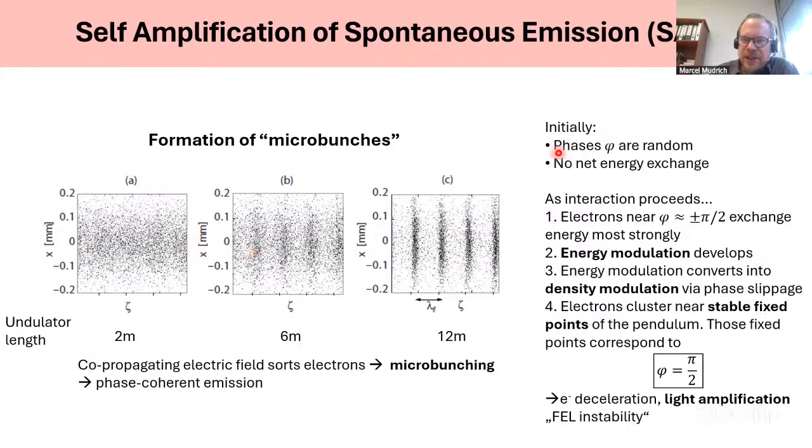So initially, this microbunching process works in this way. Initially, the phases phi of the emitted light are random because it starts out of shot noise. These electrons are completely randomly distributed.